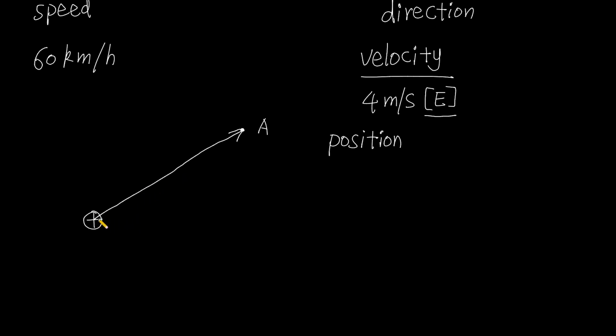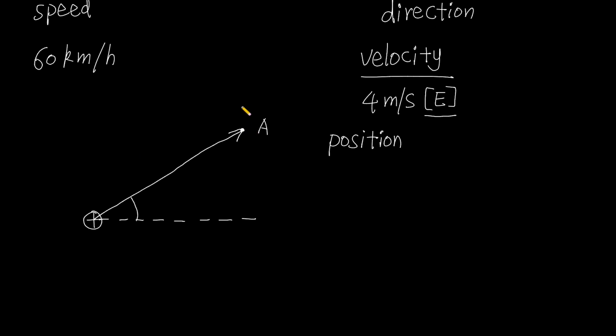Normally, we use the angle between the vector and the horizontal axis to represent the direction of the vector, or we can say the direction of the position.